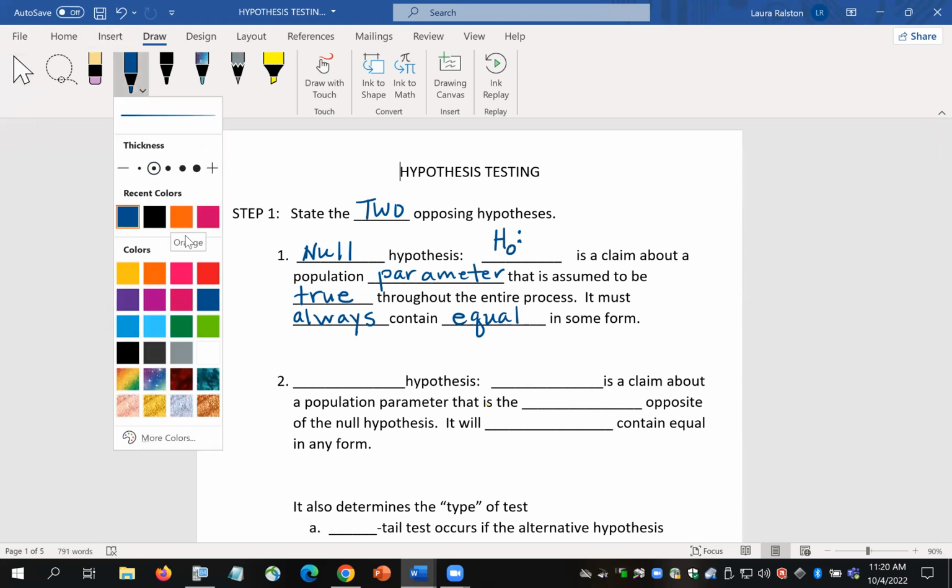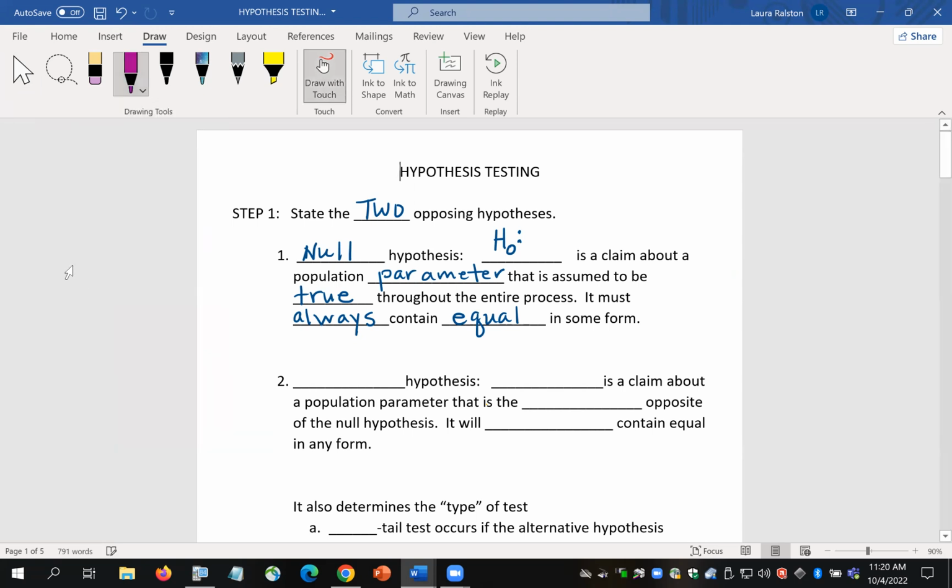Now, a couple of side notes there. Remember we've talked about population parameters. Those are the measurements associated with the population, and primarily the ones we're going to focus on in this course are going to be the mean, or possibly a proportion.